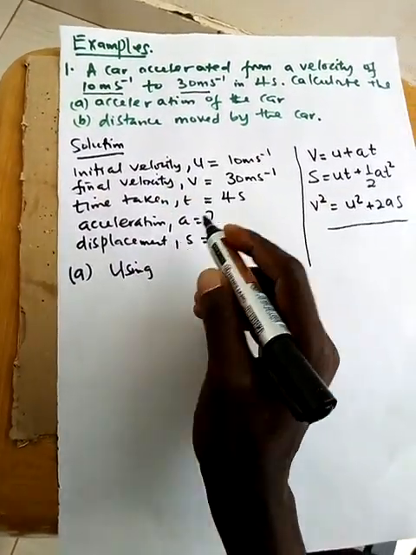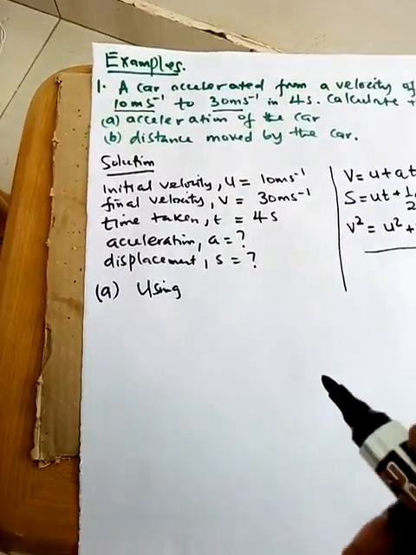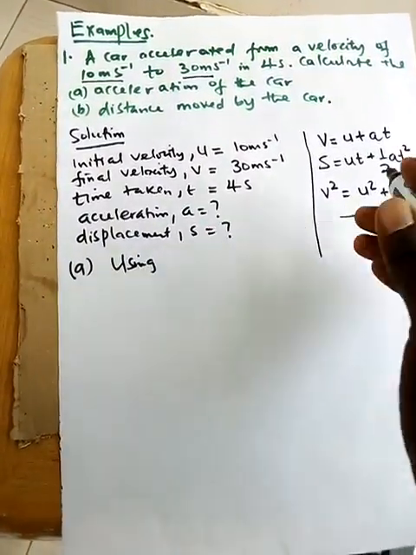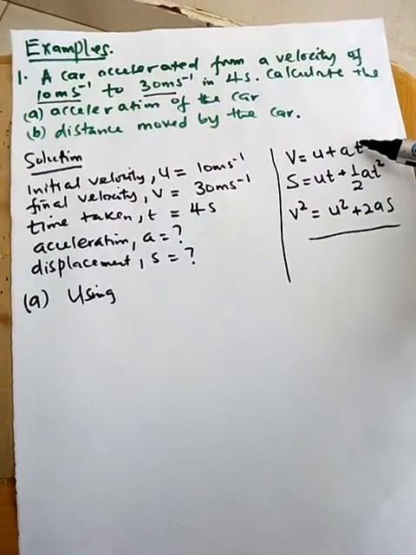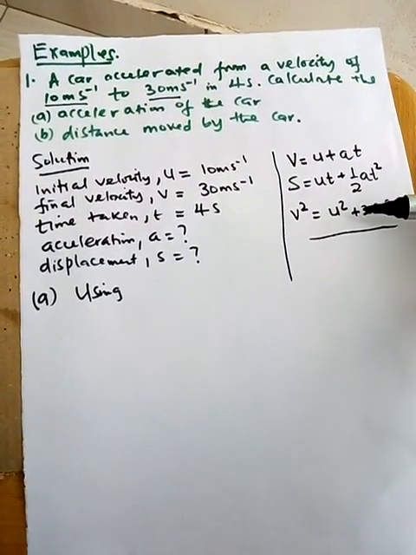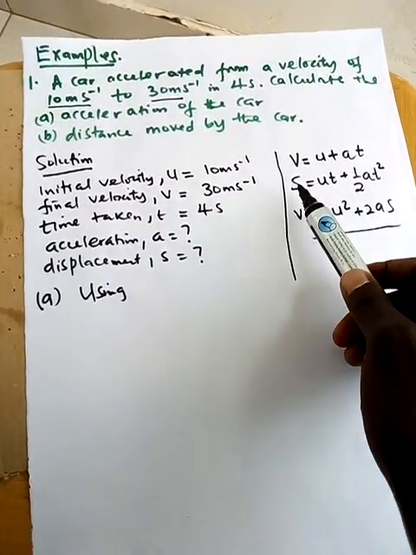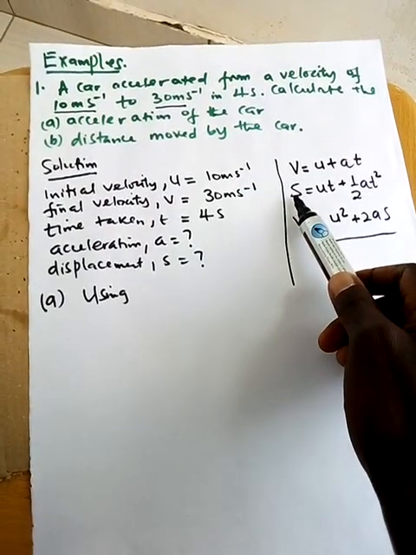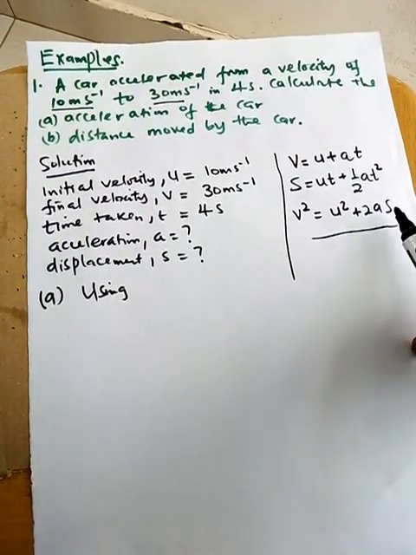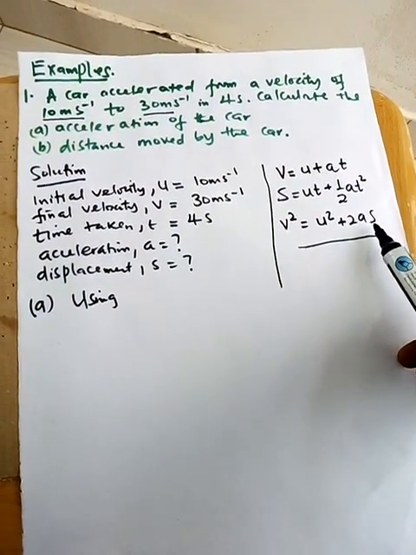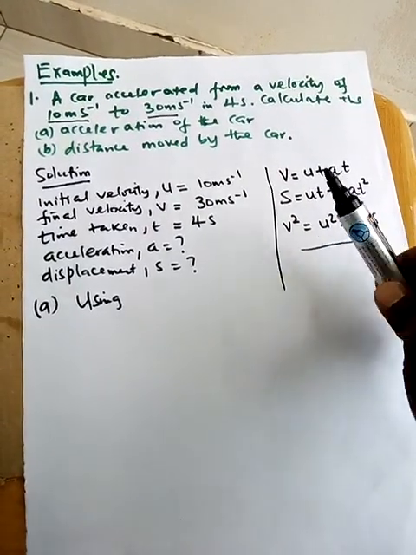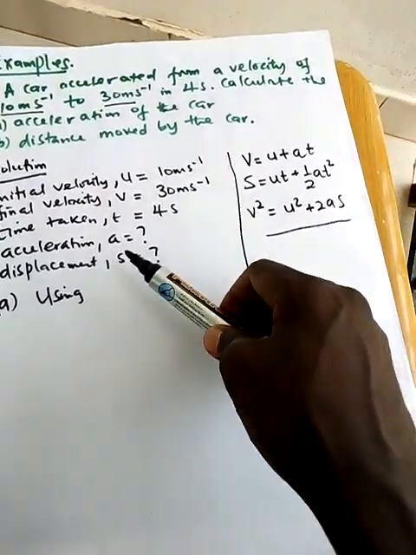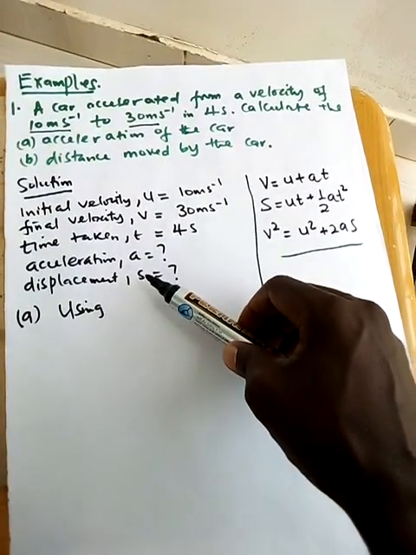So when you look at this properly, which equation can we use? When you look at the first equation, second equation, and the third equation. Remember, the second equation contains displacement. The third equation also contains displacement. So we can't use these two equations because we don't have the displacement according to the question.